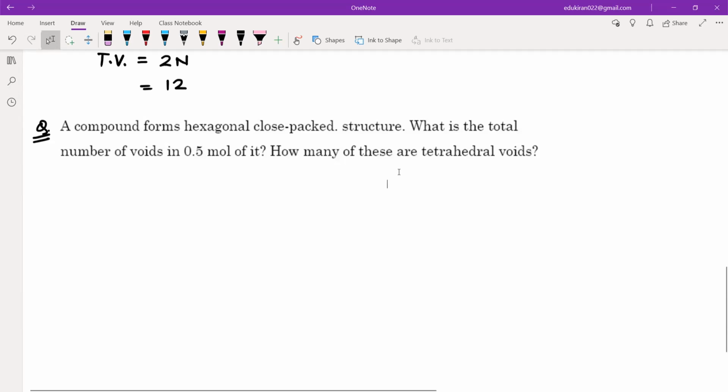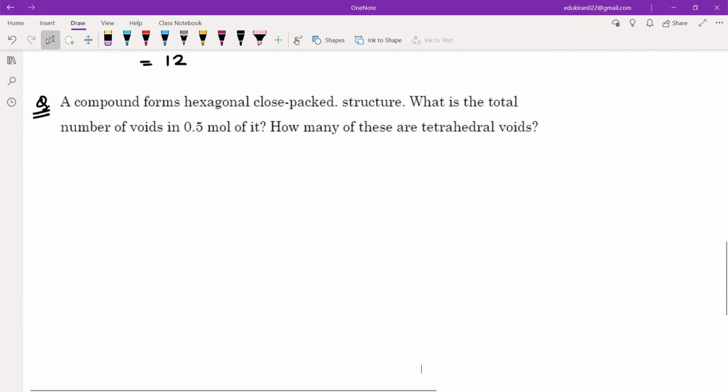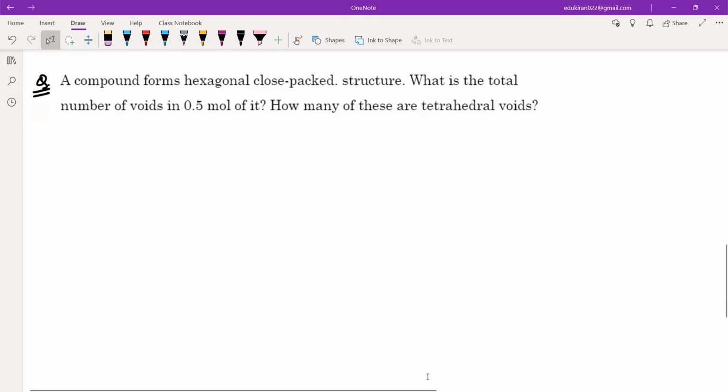How many of these are tetrahedral voids? Write this question. Just let me know when you are done writing this question.